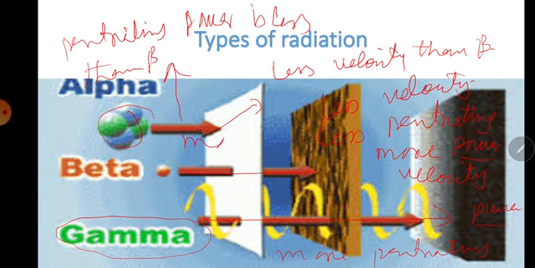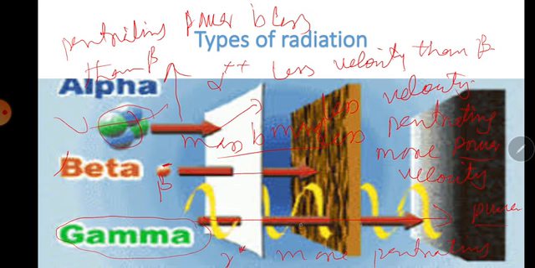Alpha particles have greater mass than beta and gamma, so due to heavy mass, alpha particles have less penetrating power. Alpha particles have double positive charge. Beta particles have single negative charge. Gamma rays have no charge.